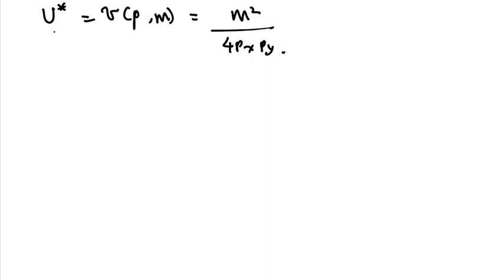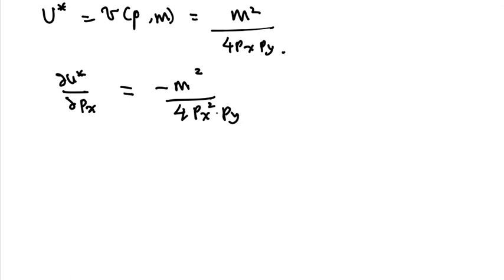If we take the partial derivative of the indirect utility function with respect to the price of x, then what we get here will be minus m squared over 4 px squared py, isn't it?